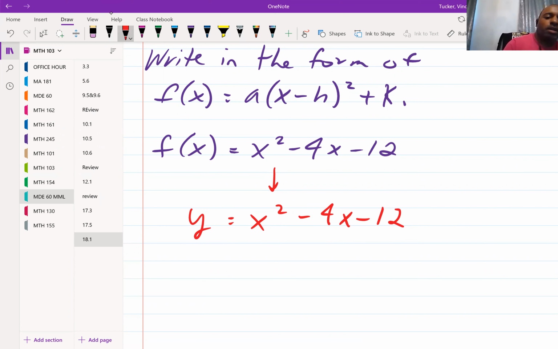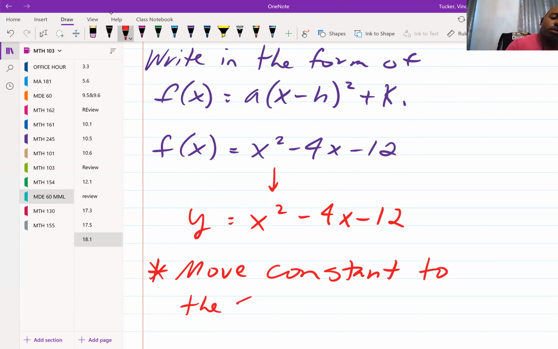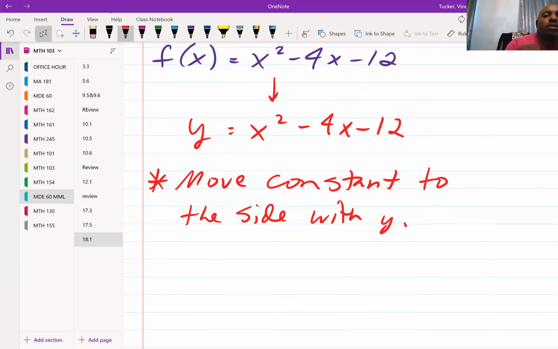Next, I'm going to move the constant to the side with y.